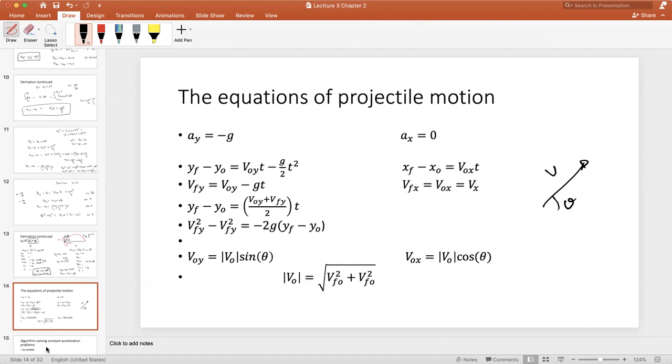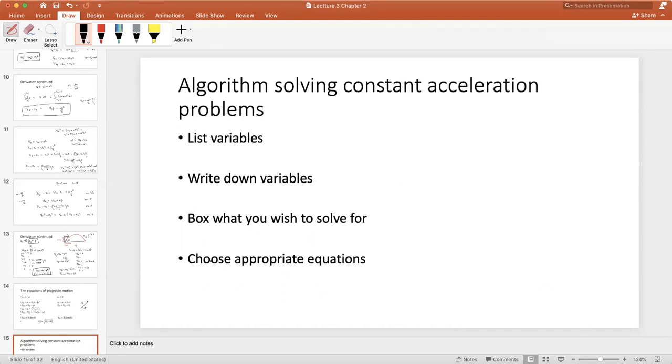The hard part of these problems is going to be the first step, and we need to talk about that. So an algorithm for solving a constant acceleration equation, the first thing you do, you might have more than one, and we'll talk about that later, but the first thing you do is just write down your variables. You may end up writing them more than once, because you may have different times.